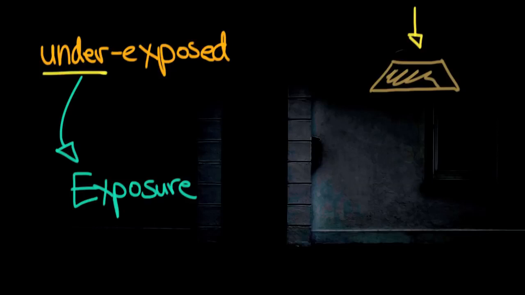Well, now what does it look like when you do the opposite? It looks something like this. This is overexposed. Overexposed just means too much light fell on the sensor or on the film, and all the colors are washed out, all the darks are gone. You can see the darkest thing you have on here is still a pretty light color. So that is overexposed.